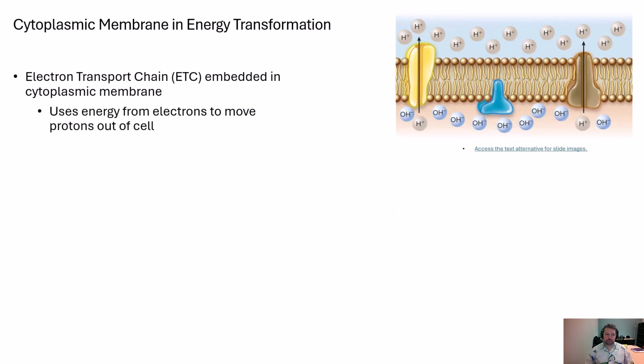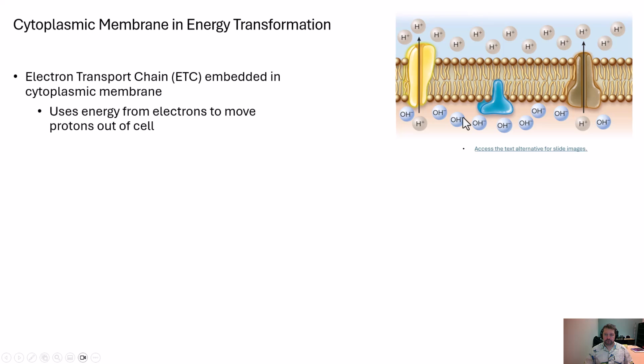It's very similar. So first of all, just like in eukaryotic cells, you have to have something that can energize a protein to pump protons, in this case hydrogen ions, across the gradient.